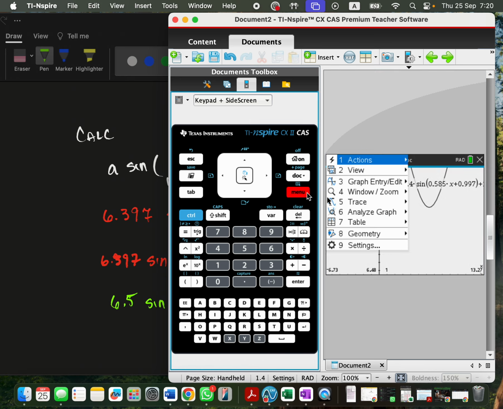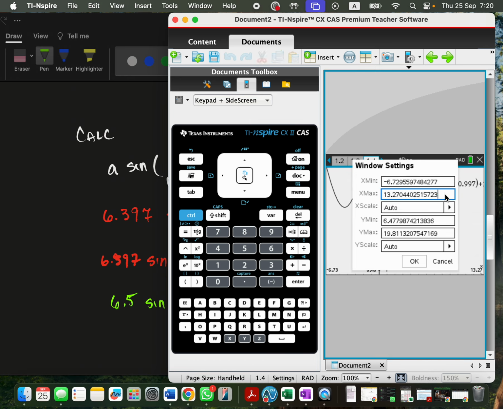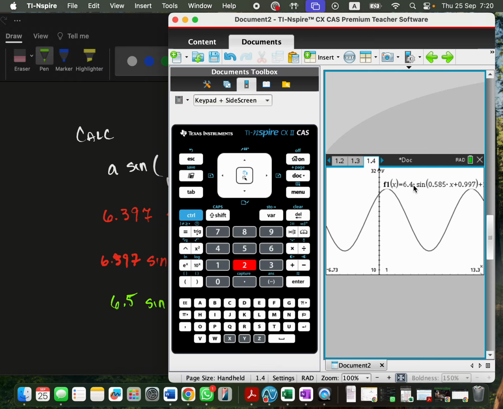Oh, goodness. Menu, Windows in. Sorry, I want to go 13's fine. Take this from 10 to 32. All right, so that is the one that the calculator derived.